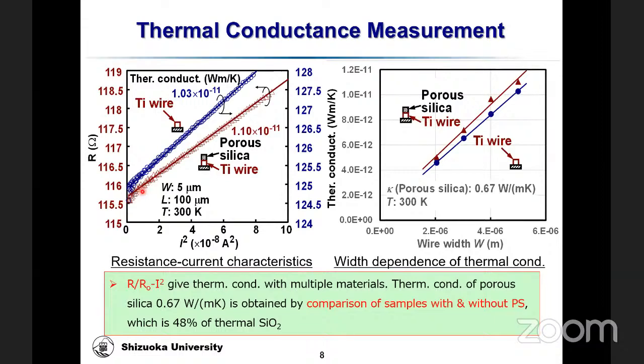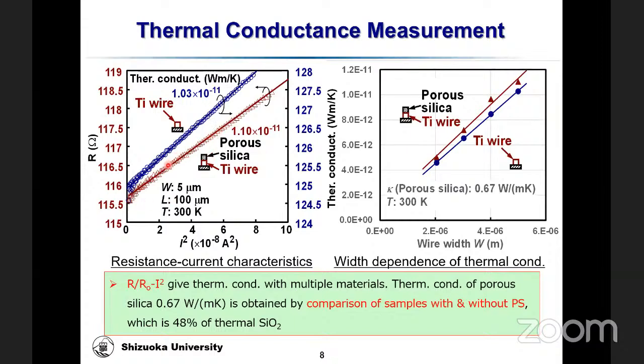If the thermal conductance is low, it is easy to get a higher temperature rise. That's why the resistance becomes higher rapidly. And if the thermal conductance is large, it is rather difficult heating up. That's why the slope becomes gentle.